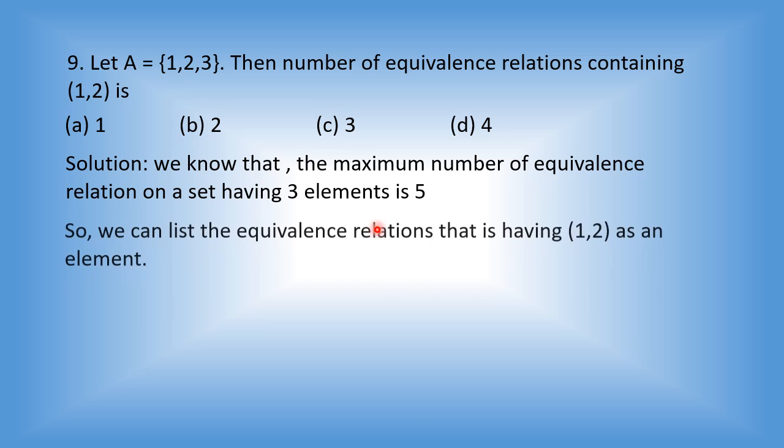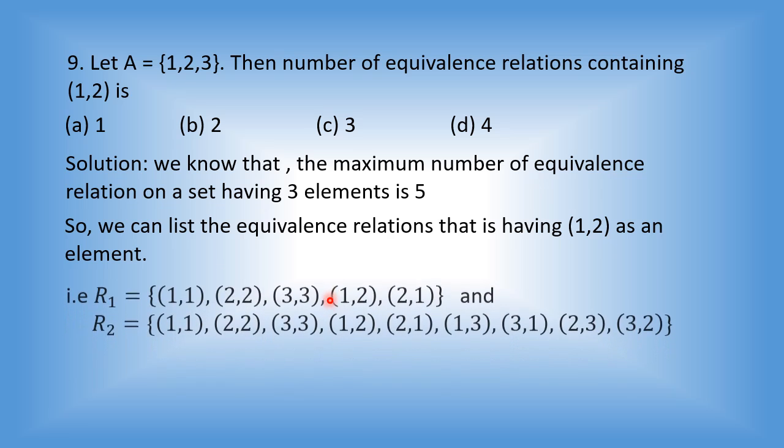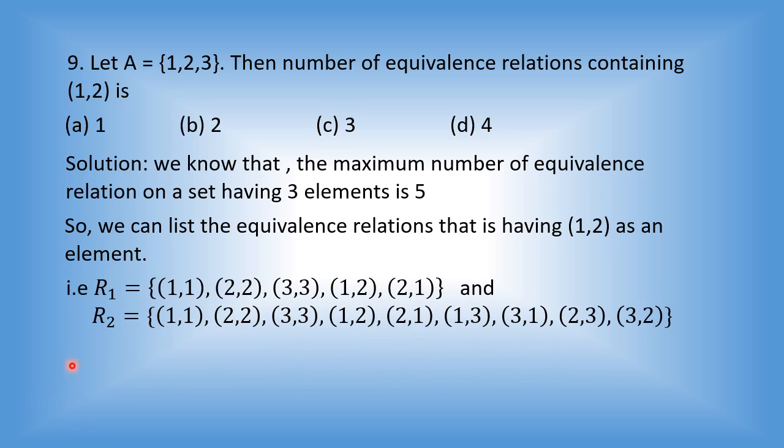So we can list the equivalence relations that have ordered pair 1, 2 as an element. So we listed 2 relations. Out of 5 relations, only these 2 relations are equivalence and have the element 1, 2 here. Therefore, the number of equivalence relations containing the ordered pair 1, 2 is 2. That is answer option B.